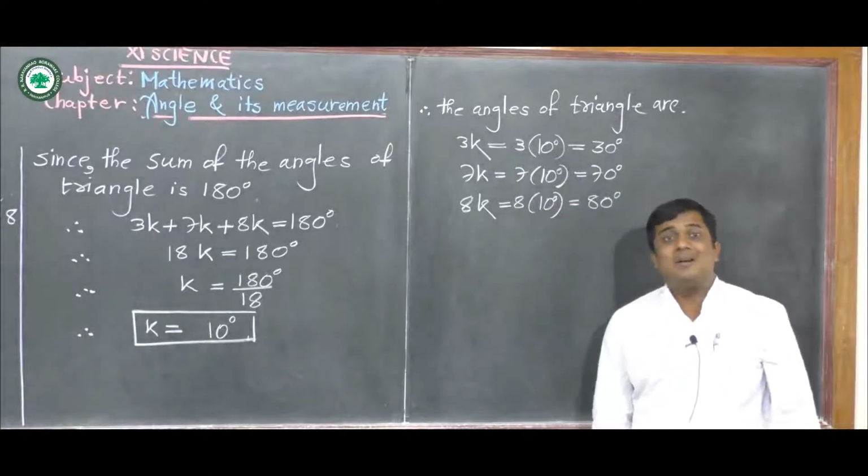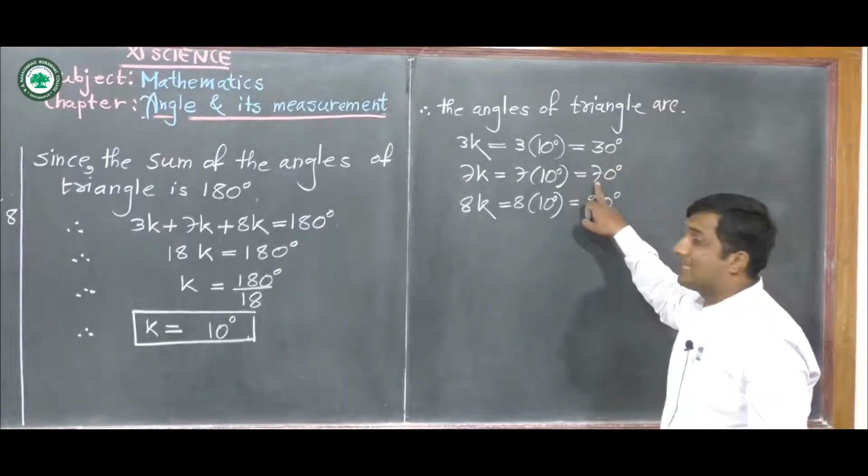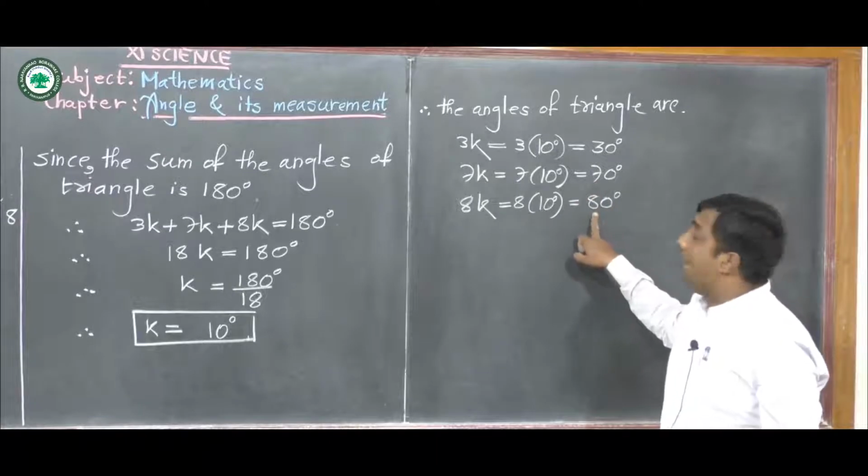So we get the angles in degrees: first 30, second 70, third 80.